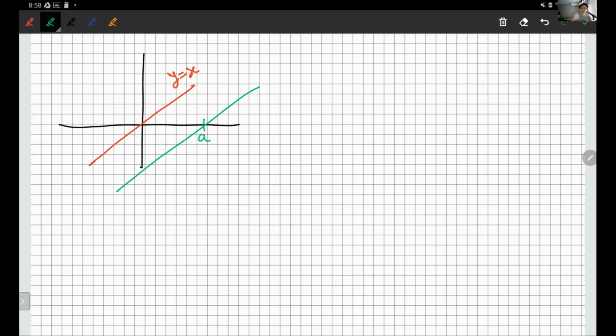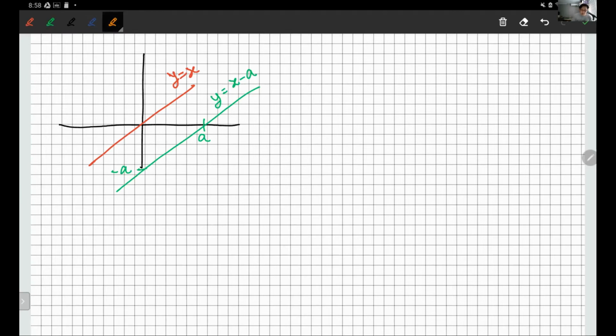What is the equation of the green line? What do you think? Everyone can see this is exactly the same line, except now you have the y-intercept at negative a. You guys with me? So this equation is going to look like y equal to x minus a, because the slope is still equal to 1, but the y-intercept is negative a.